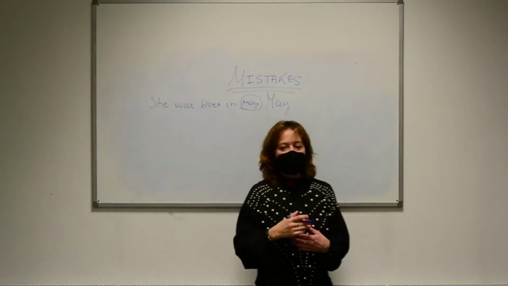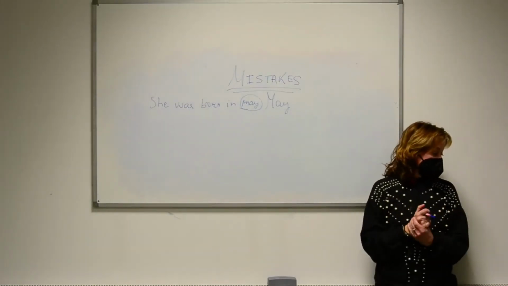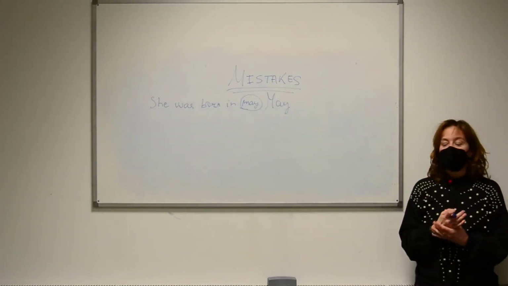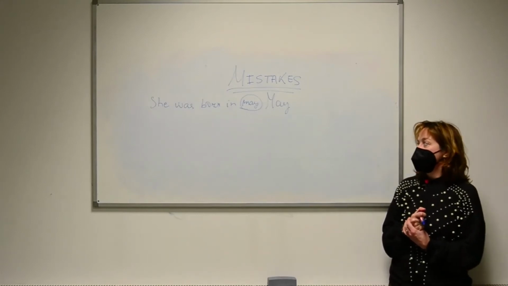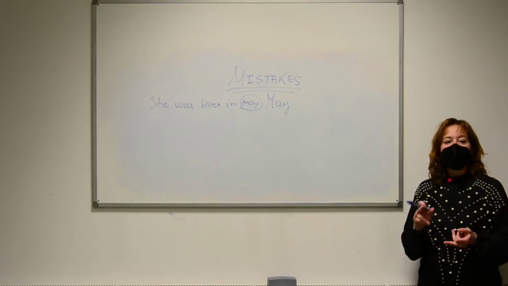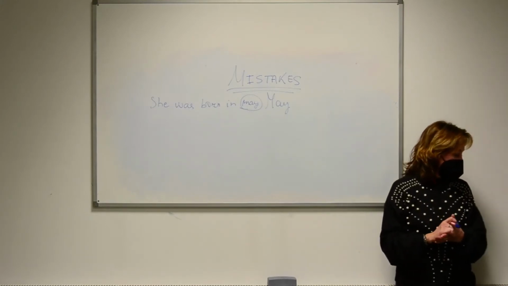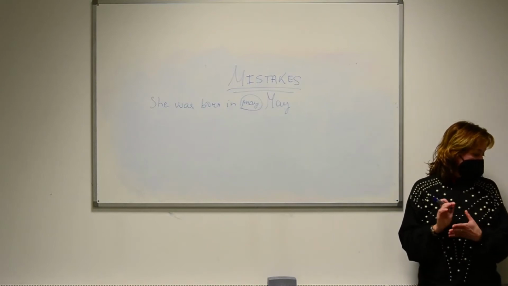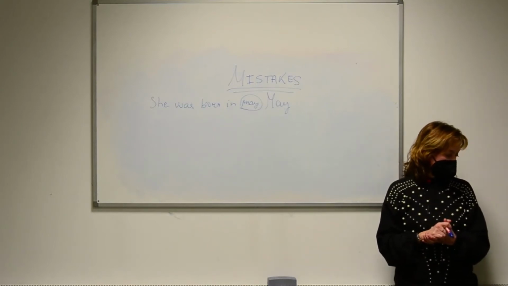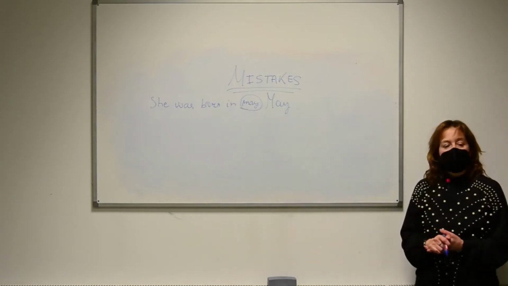In this case, the capital letter is completely necessary, while in Spanish, we don't use capital letters with May, with the days of the week, with months, with years. In English, capital letters are completely necessary, while in Spanish, we don't use capital letters.